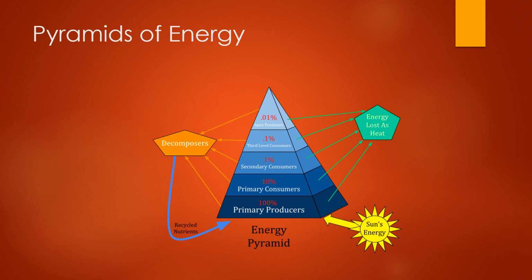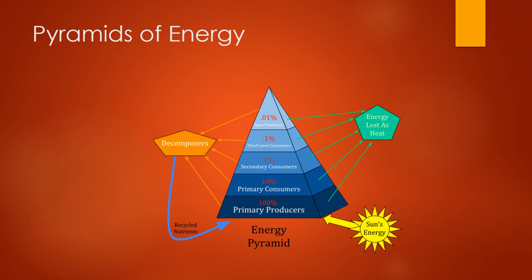Okay, then at the primary producer level of trapping energy, if we consider the trapped energy as 100%, then the primary consumers utilize only 10% of energy from the primary producer. Okay, the energy is decreasing.